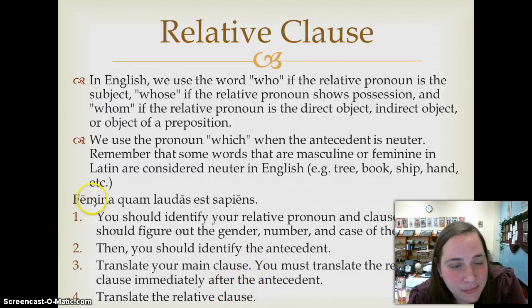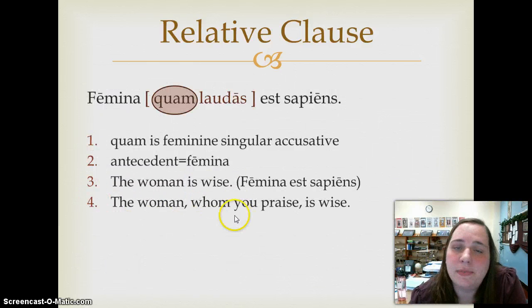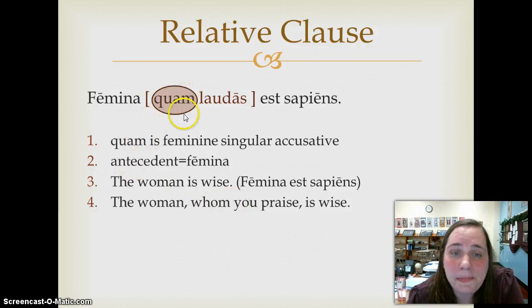So let's look at this example, femina quam laudas est sapiens, and follow the steps. We identify quam as our relative pronoun, and we identify quam laudas, so relative pronoun and a verb. That's what you need for a relative clause. You can have more, but this one doesn't. We've identified those as our relative clause, okay?